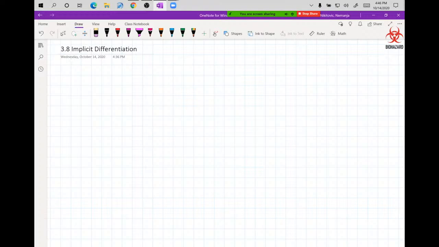So if we take some kind of a curve, let's take an S, for instance. That's not a function because it fails the vertical line test, right? No matter where you make it into a dollar sign, it fails the vertical line test. So it's not a function.